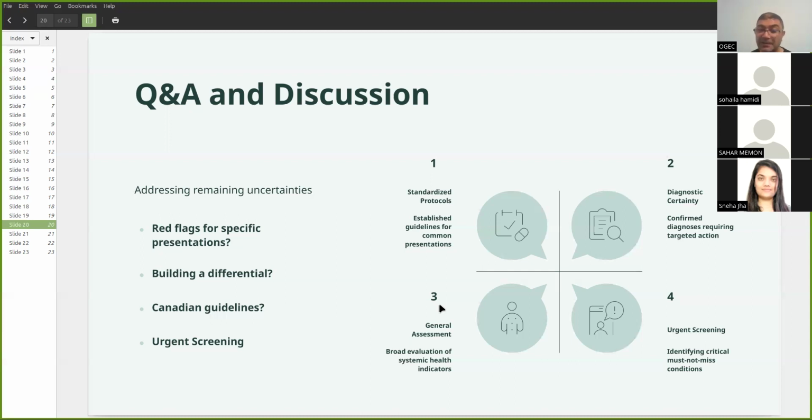Is the patient stable? Is the patient unstable? And also urgent screening, identifying the critical must-not-miss conditions. For the screening, we may use ECG, X-ray, some blood work to come up with the diagnosis.